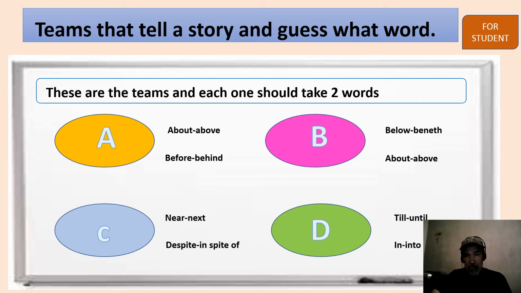Theme B will take below with beneath, above with above. Theme C will take near with next, despite with in spite of. Theme D will take till with until, in with into.